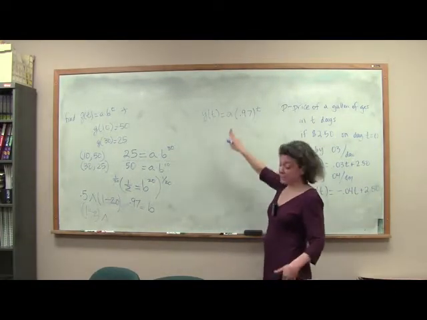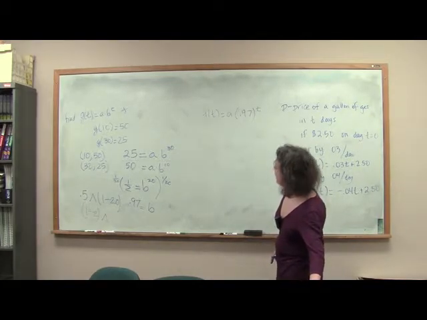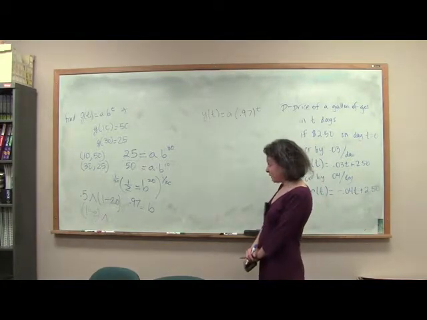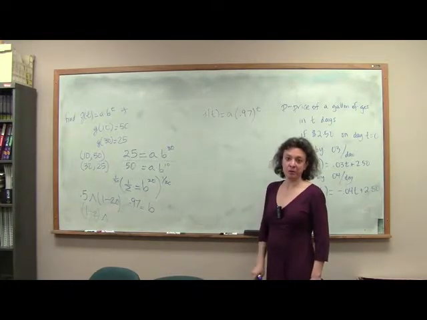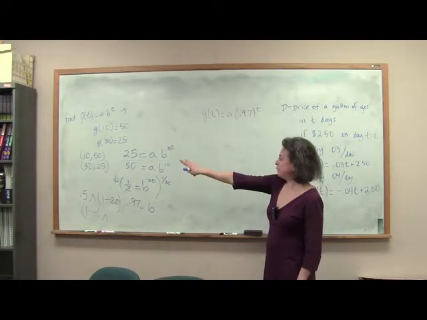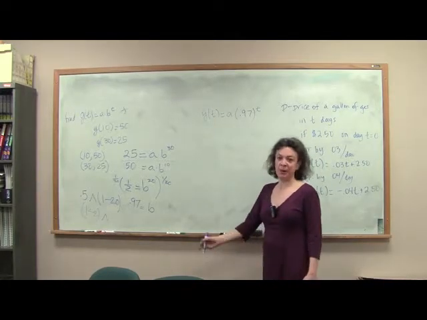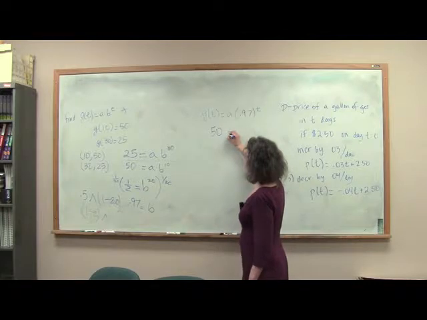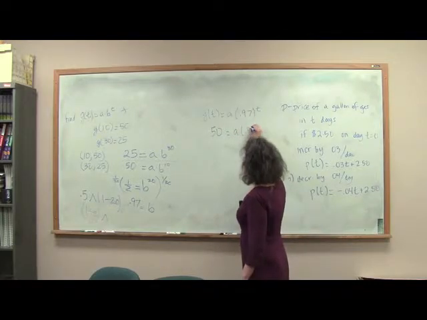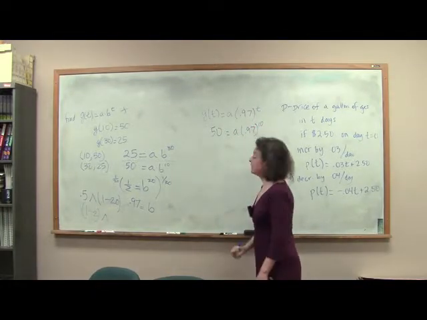Okay? I'm not done. I now need to find my value of a. How do I go about doing that? I plug in either one of those ordered pairs. I'm looking at (10, 50) first, so I'm just going to plug that in. I know that my function is 50 when my t value is 10.